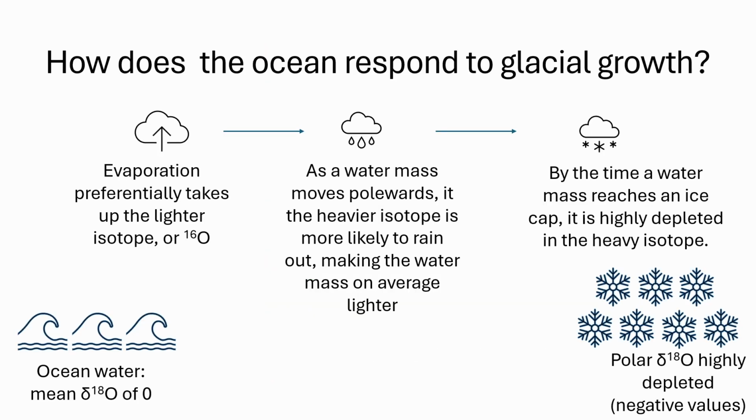So as we discussed in the previous video, polar delta 18O and delta deuterium values are very highly depleted. The values are very negative. So this is actually going to affect the source reservoir as well if we're talking about very large amounts of water in the polar ice caps.